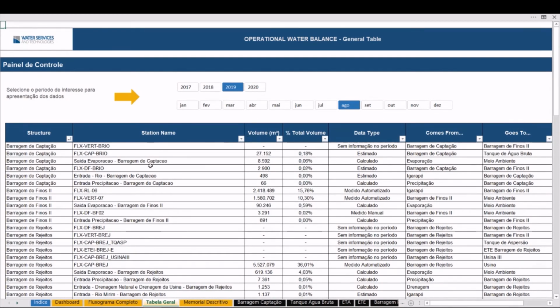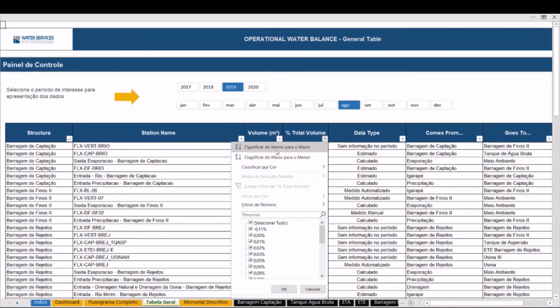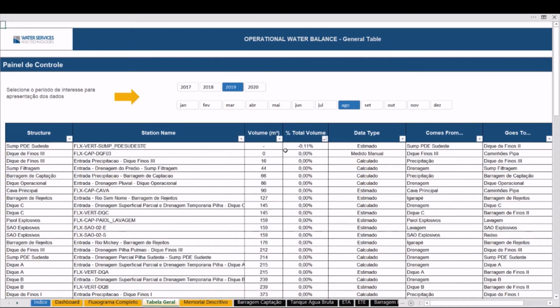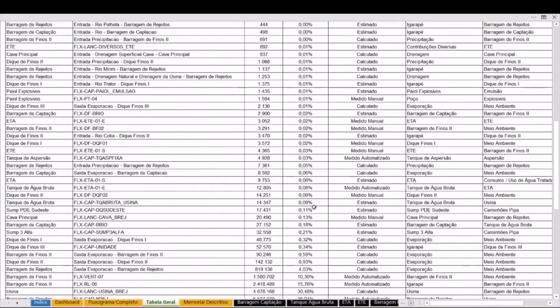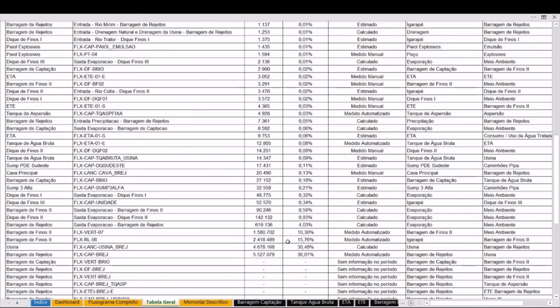And why is this table so important? For example, if the user wants to see the data that represents the biggest volumes, so for example, these four stations here measure the majority of the water flows inside the mining company.